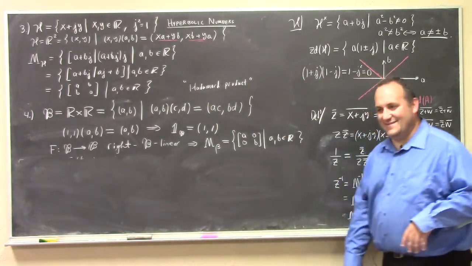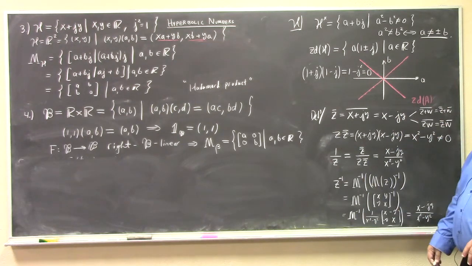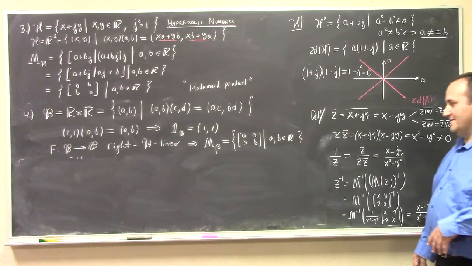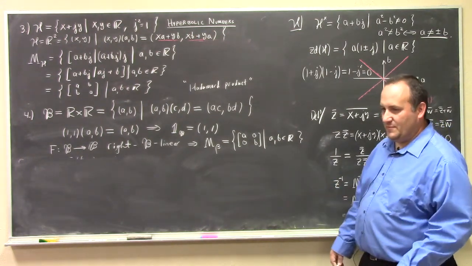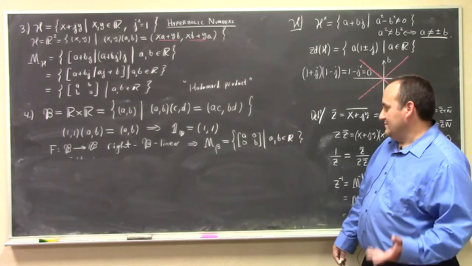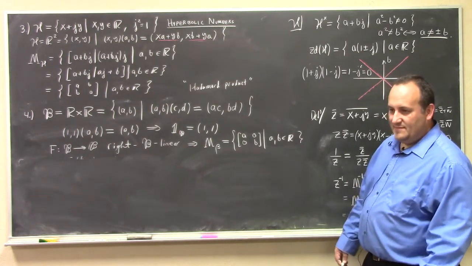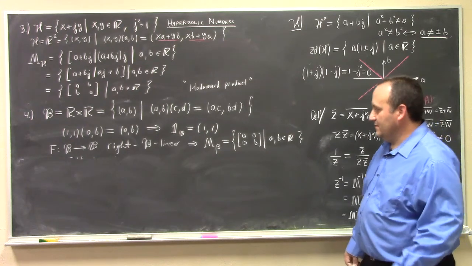Ta-da! So the direct product algebra has kind of a boring matrix representation, right? It's just diagonal matrices. It's hard to get much simpler than that.